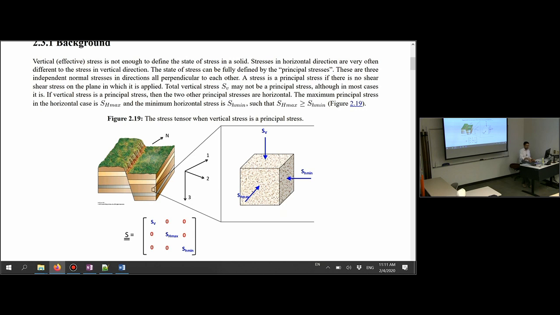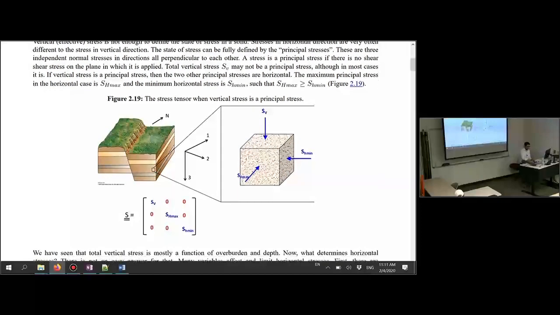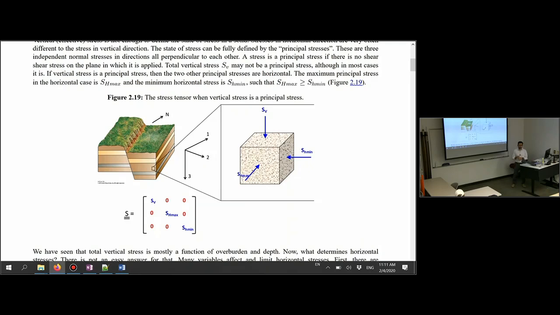And this makes things a little bit more complicated, because now in geomechanics we need one pore pressure and three stresses, and not only that, we need the values of the three stresses, but also we need to know the direction of those horizontal stresses. The direction of those horizontal stresses is going to vary from place to place.